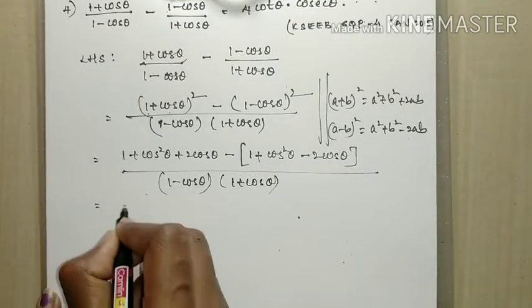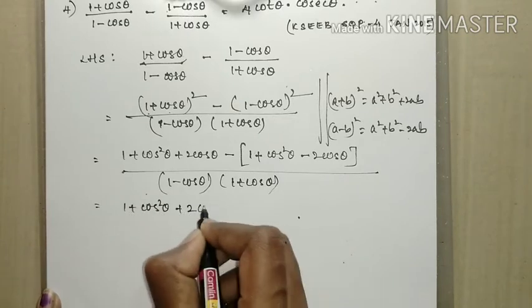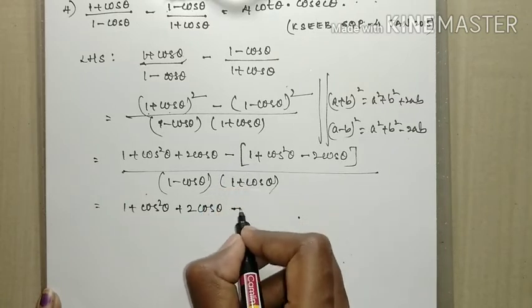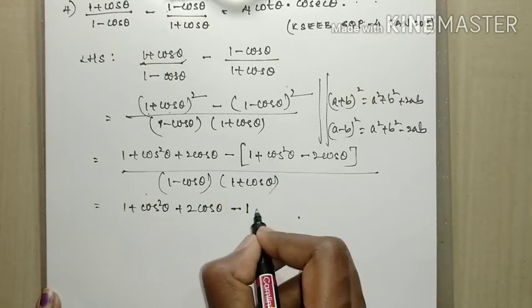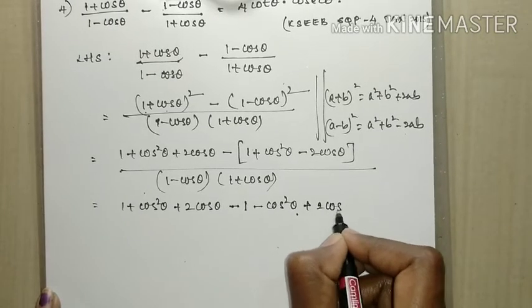So now 1 plus cos square theta plus 2 cos theta, multiply with minus, 1 minus cos square theta plus 2 cos theta.